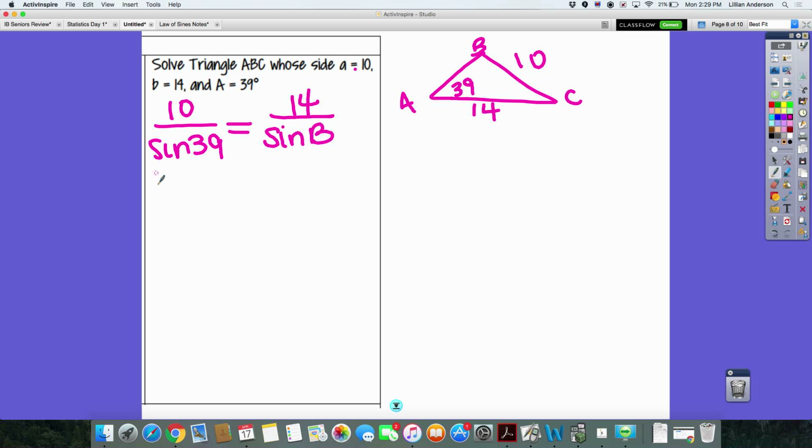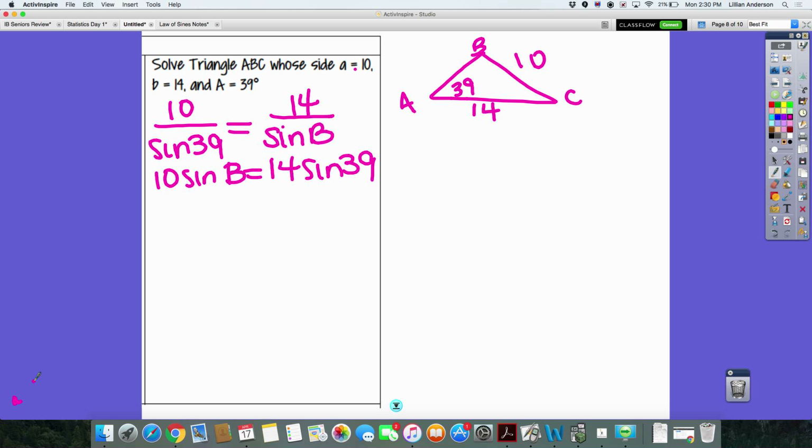Cross multiply. That's 10 sine B equals 14 sine 39. Questions?